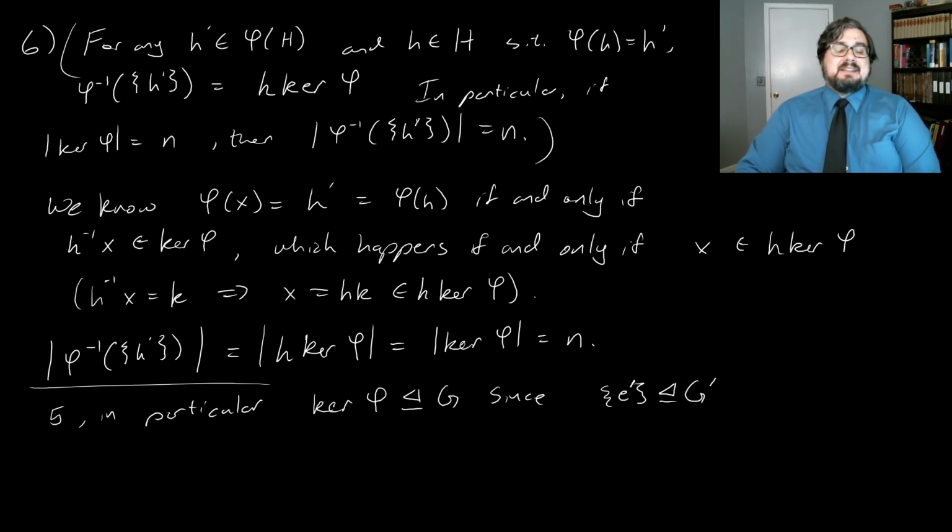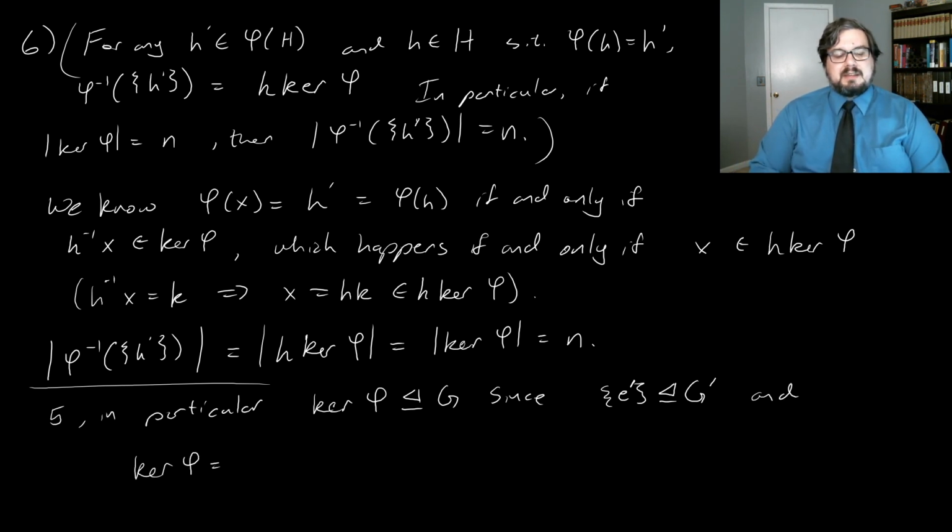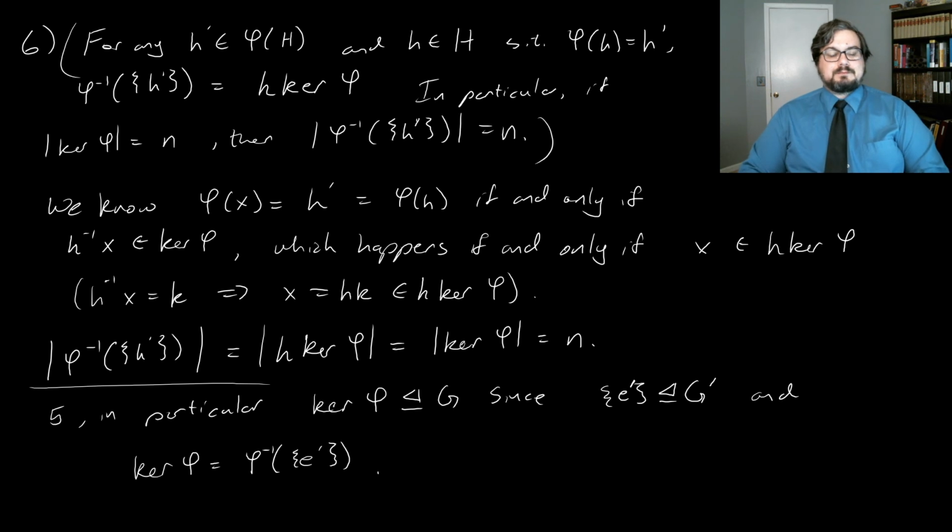The set containing just the identity element of a group is always a normal subgroup of a group, and by definition the kernel of phi is equal to phi inverse of this normal subgroup of G prime. So that's all that there was to the in particular part of part 5.